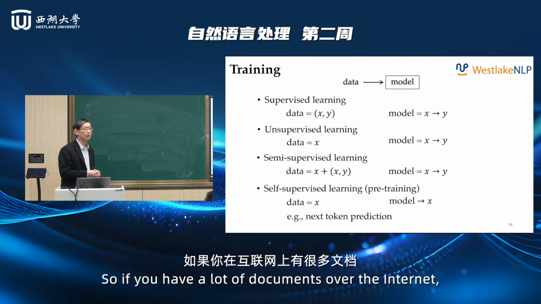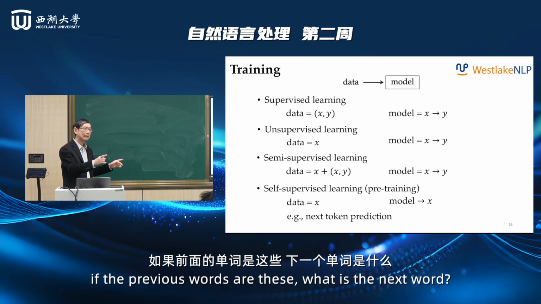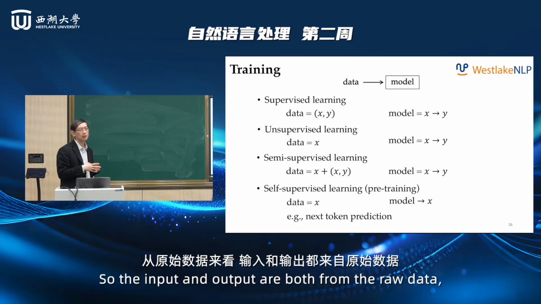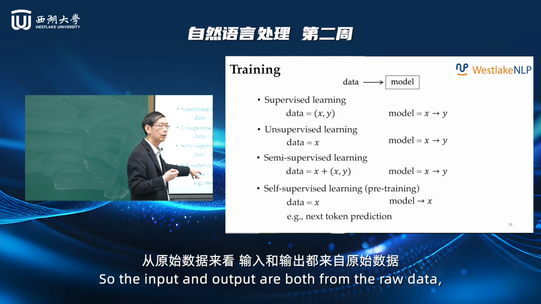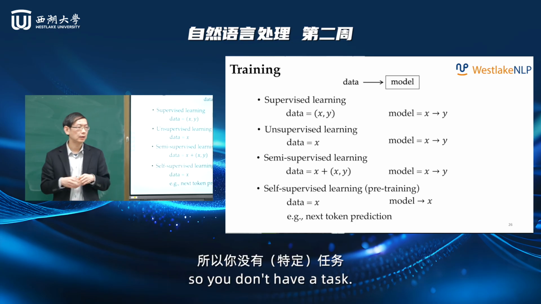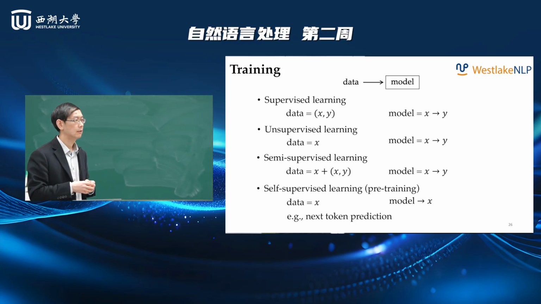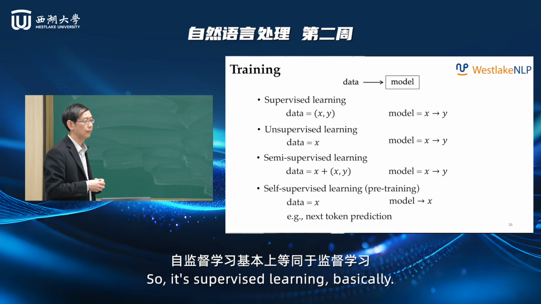If you have a lot of documents over the internet, and you ask the model, okay, if the previous words are these, what is the next word? This is called next word prediction, okay? So the input and output are both from the raw data. You don't have a task. So this is called self-supervised learning.